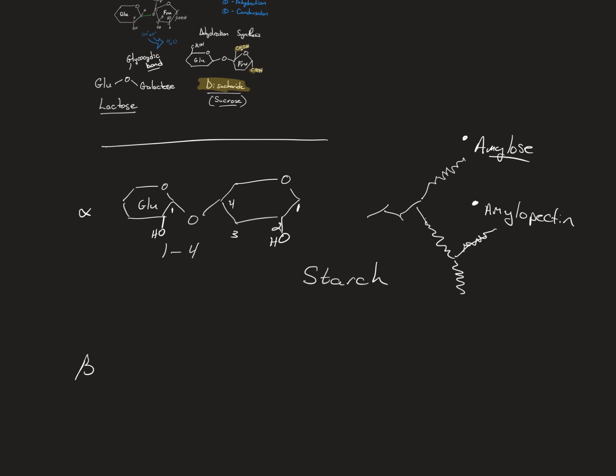So I know this sounds silly. Again, just very subtle differences. But here's an OH and here's an OH. Therefore, all the CH2OHs here are pointing up. A different form, the beta linkages, would have these 1 to 4 connections.